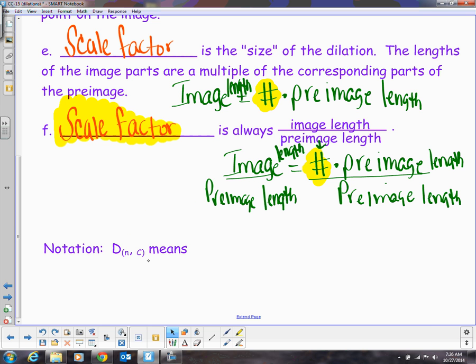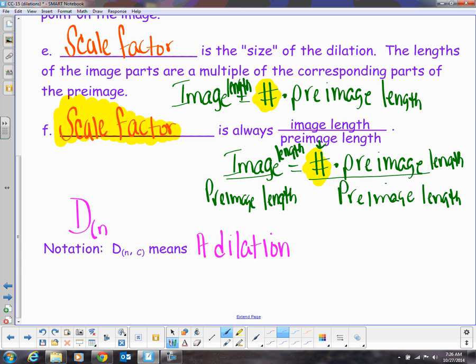All right, here's our notation. What does this mean? This means a dilation, and actually I should say D sub n comma C of figure. Technically is how it should be written.